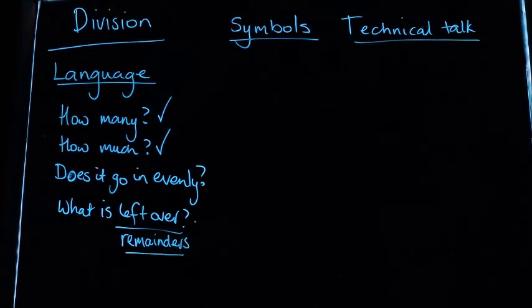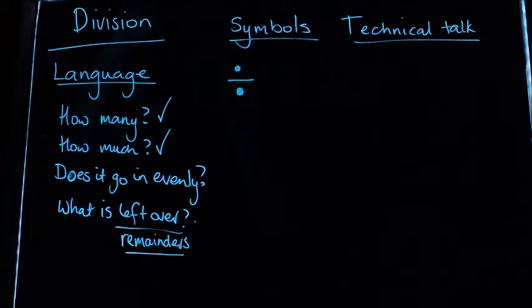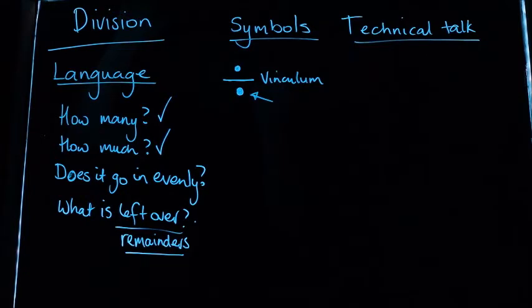So let's just have a look at the symbol for division. Let's draw it out nice and big, and we've got a line called the vinculum, and we've got two dots, one above and one below, and we're wondering what they are.